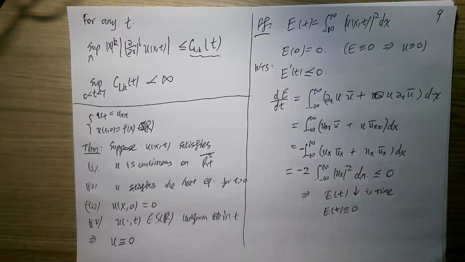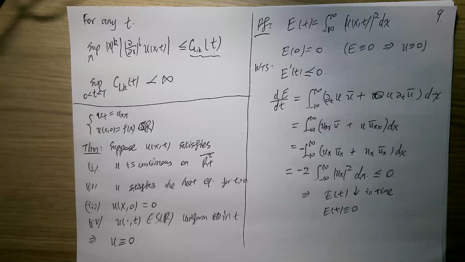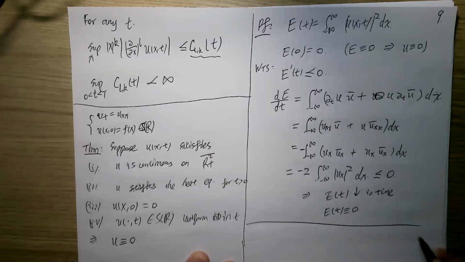Well, maybe you will ask, we just did this kind of formal calculation, right? It seems that we used nothing about the continuity condition or the uniform Schwarz space condition. Then why do we need these conditions to guarantee the uniqueness of your solution? This is something I would like to ask you to check.